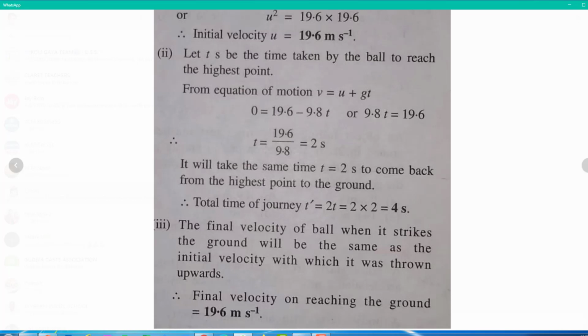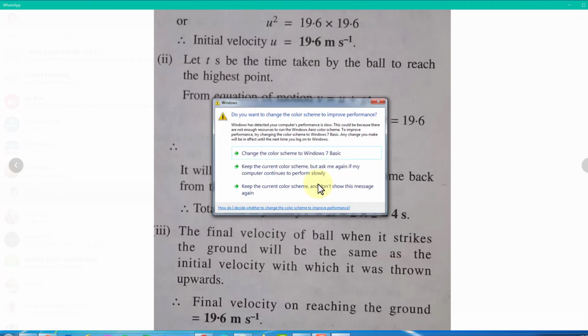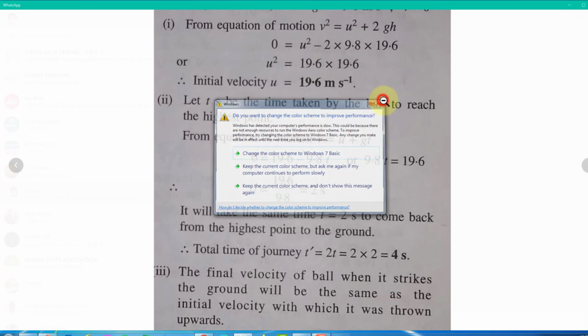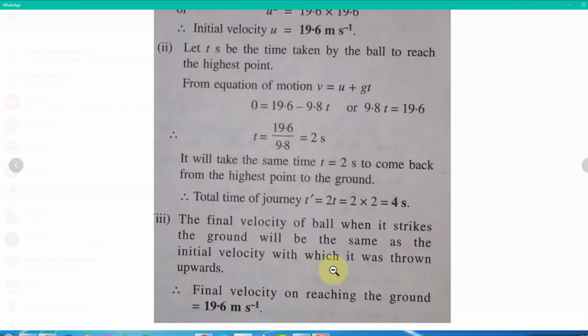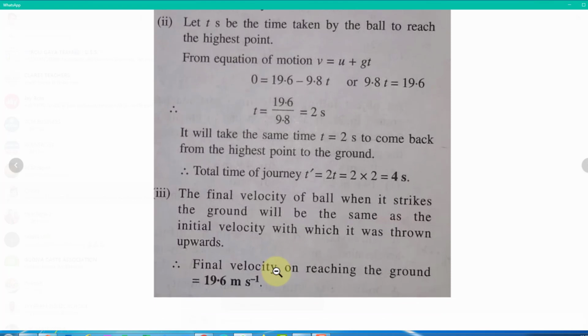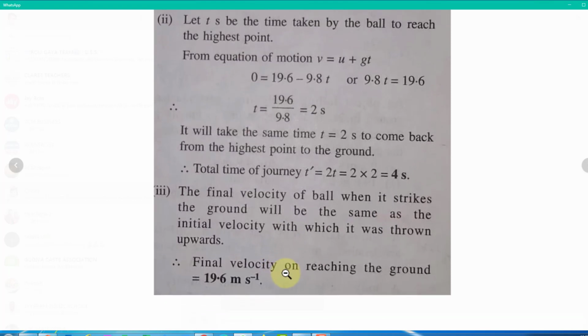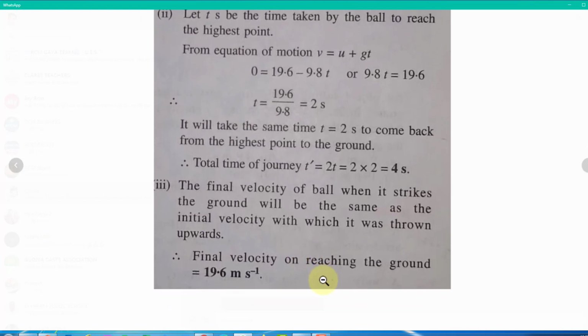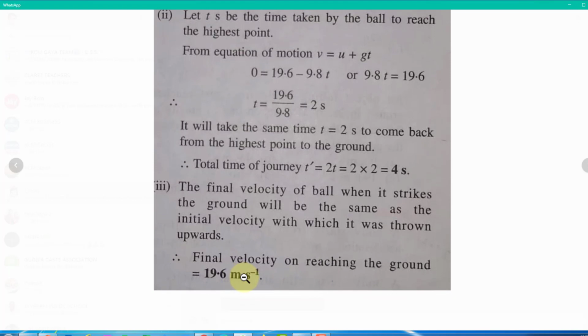See children, whenever you throw any body upwards, with what velocity you are throwing the body up, with that much velocity only the body will come down and strike the ground back. That's why the initial velocity when the body is going up and the final velocity when the body strikes the ground, both will be same. So here final velocity is 19.6 meter per second.